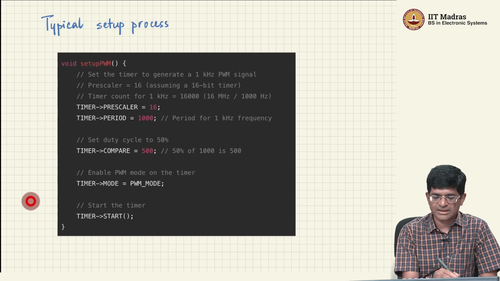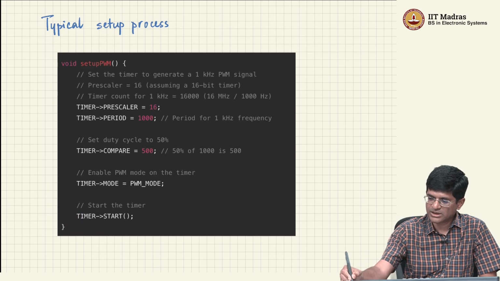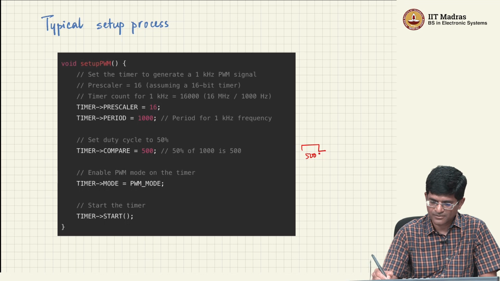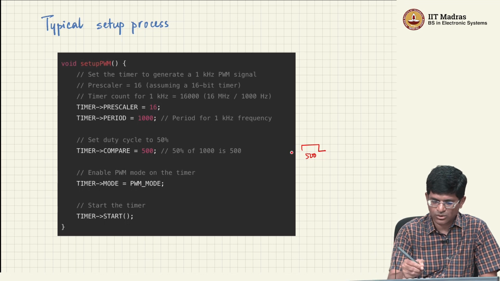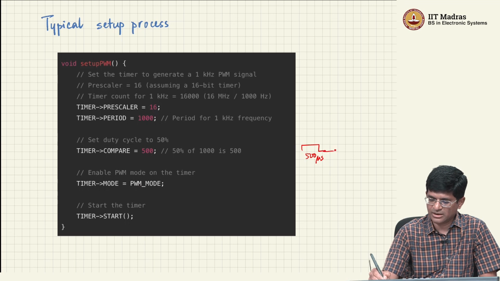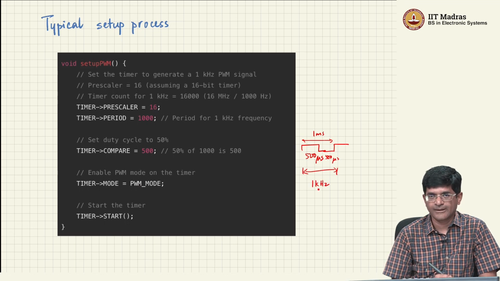Therefore, this timer is going to be high for 500 microseconds and low for 500 microseconds, and what I will finally end up with is a 1 millisecond or a 1 kilohertz signal.